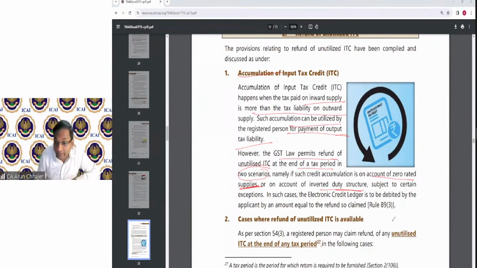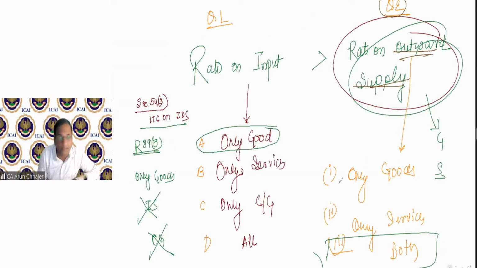Here, government has the right to restrict certain categories of supply.